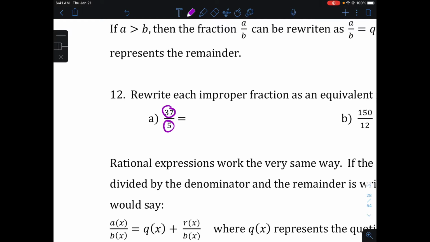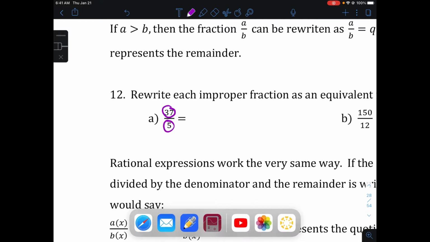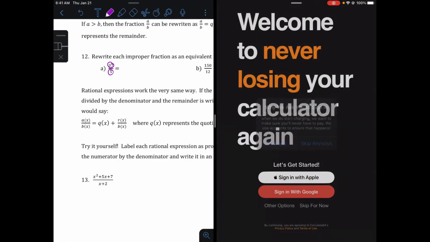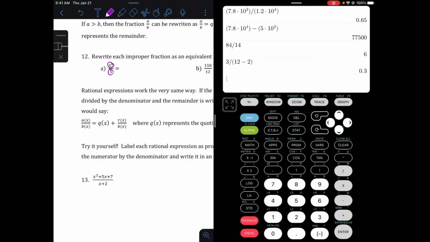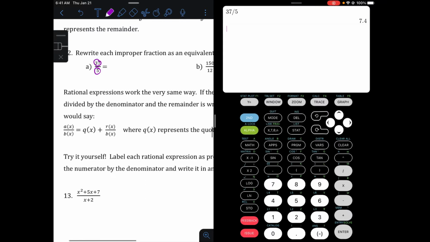And when you do that, I can even do that on my calculator here. So 37 divided by 5 gives you 7.4. That means we've got a full 7, and then we have to figure out what the remainder is.